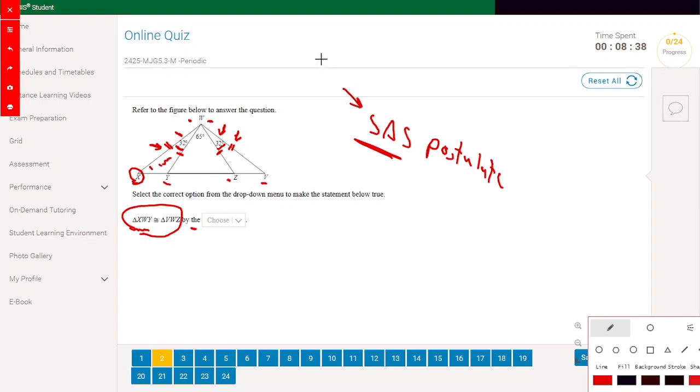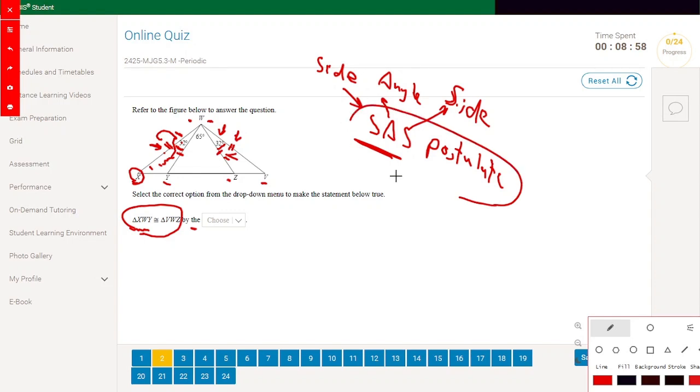SAS means S is side, A is angle, and S is side. And here it's side, angle, side. So this will be the right answer, SAS postulate.